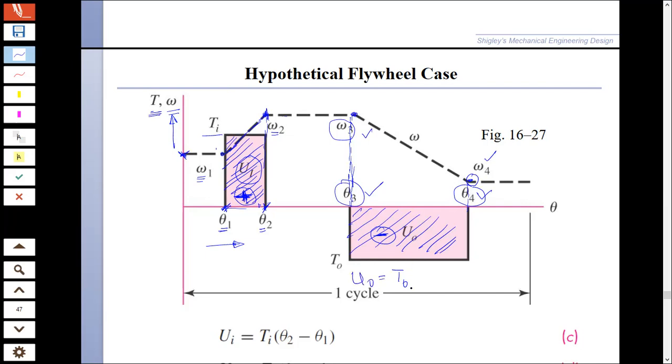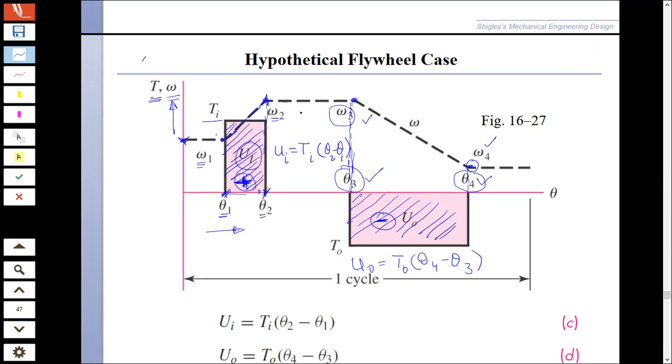The energy output is T naught times theta 4 minus theta 3, right? In this case, it was Ui, and that was equal to Ti times theta 2 minus theta 1, right?